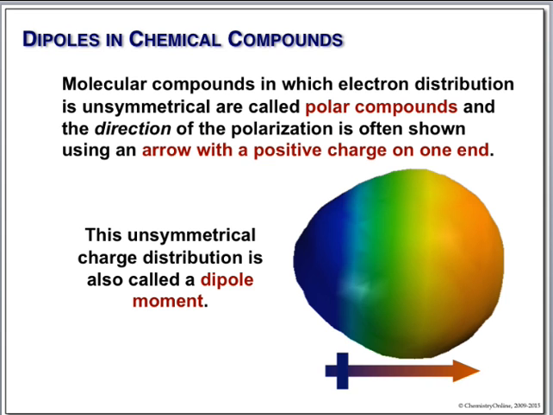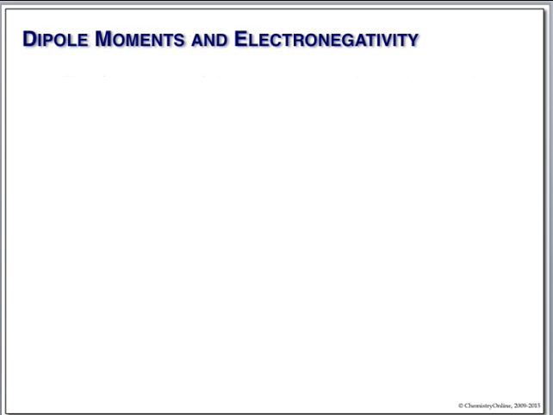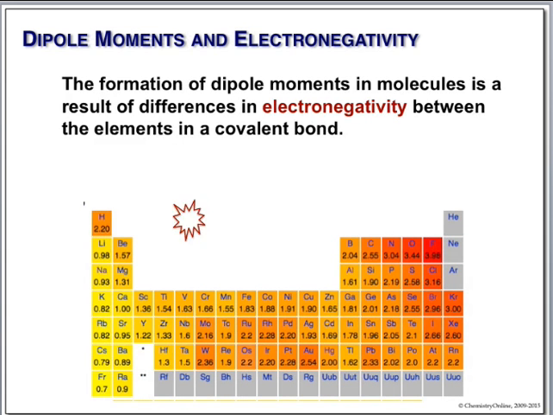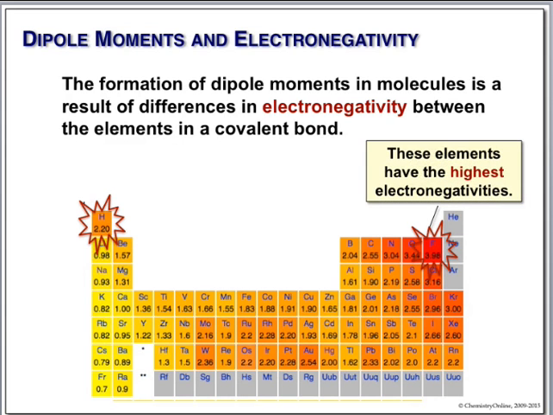The origin of all this, of course, is electronegativity. The reason we have polar covalent bonds is that elements will have different electronegativities. Electronegativity is simply a measure of how that particular element attracts electrons towards itself. Arbitrary scale, fluorine here is the most electronegative at about 4.